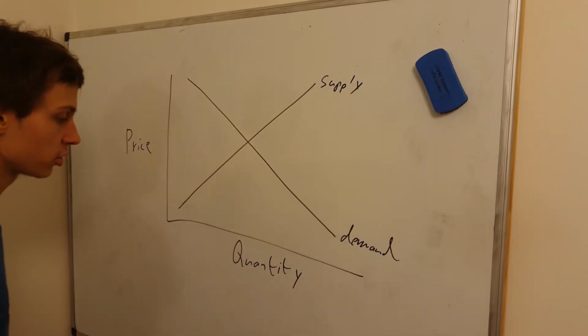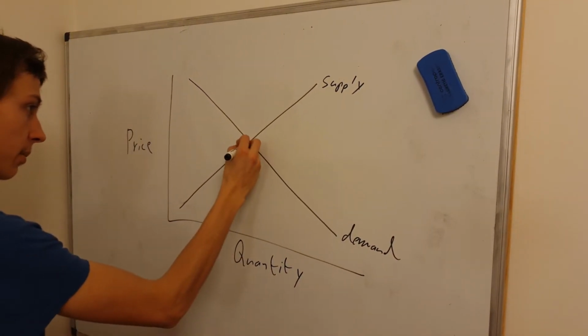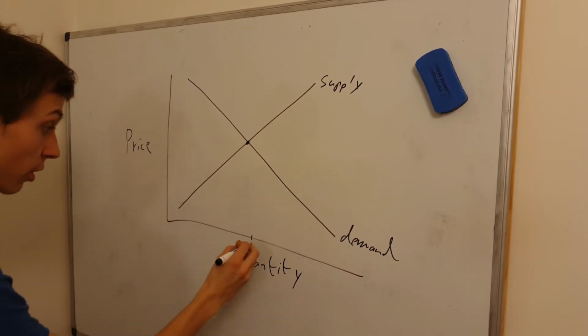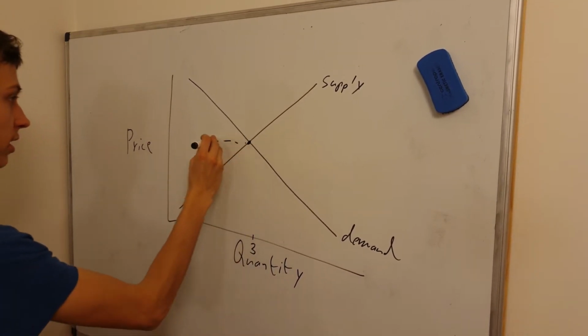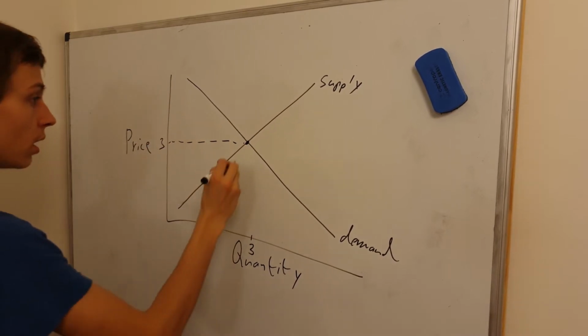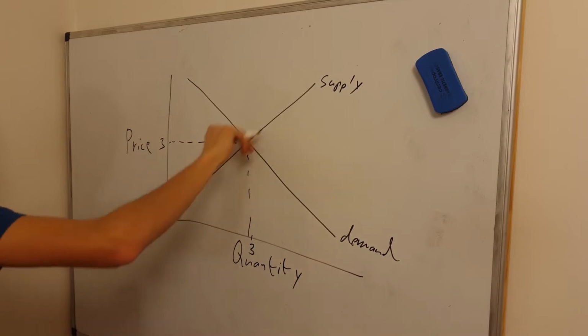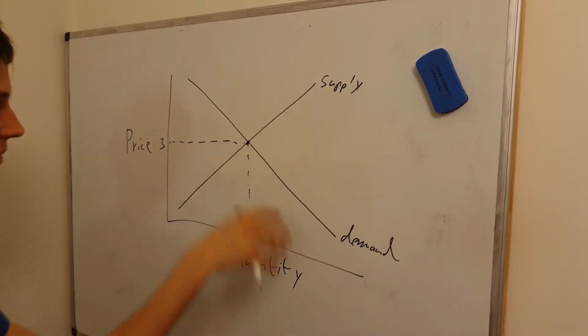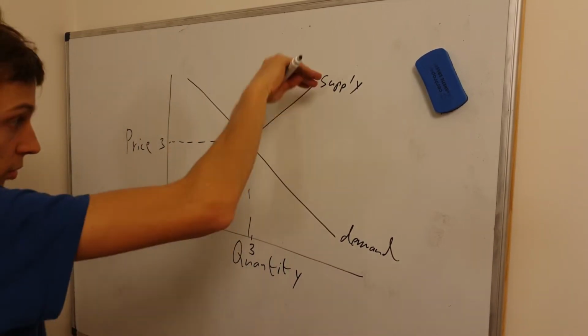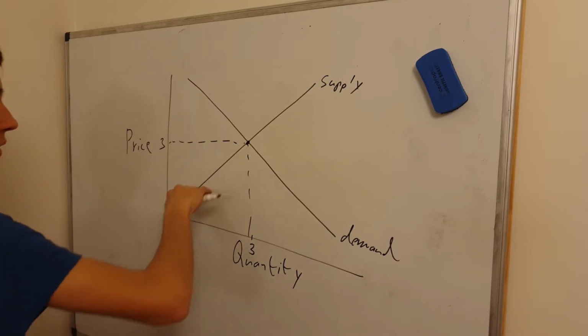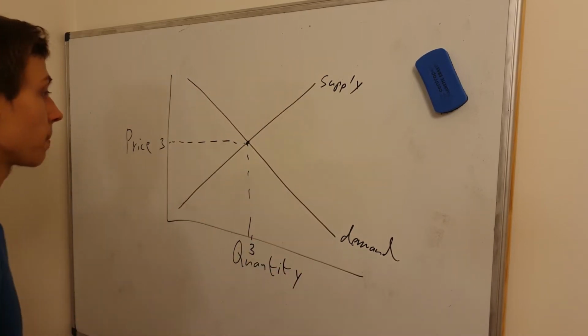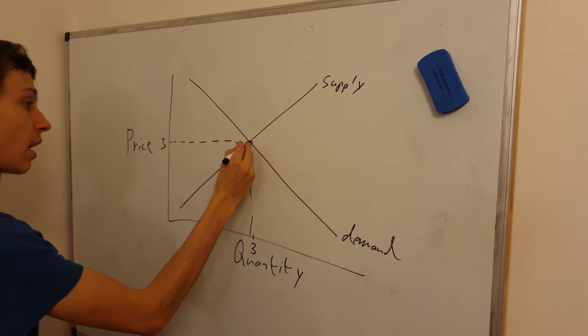Okay, so this is our equilibrium. Let's say, to enumerate it, this is 3 at quantity and 3 at price, symmetrical, a right angle right here, and the lines both have the same slope, just the opposite sign. This one is a positive slope, this is the negative slope, and this is our equilibrium.